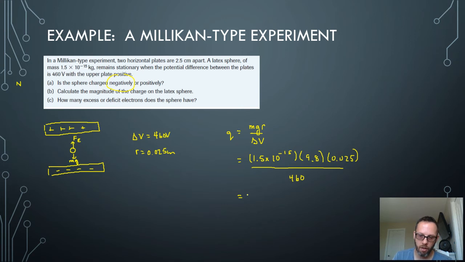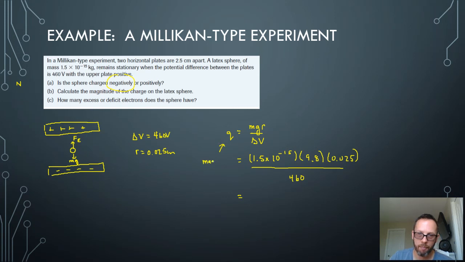Something you're going to notice is the potential difference is, I'm not going to say always, but 99% of the time, the difference from the negative plate to the positive plate, the low to high, so it's always positive. And so in this calculation, everything we get is positive.